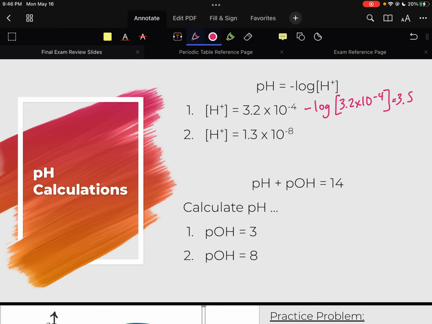So if it's a pH of 3.5, I know that's less than 7, so I could call that an acid. For the next one, negative log 1.3 times 10 to the minus 8. Type that in your calculator, and I get 7.9. Again, if it's over 7, it's a base. So we could call this a base.